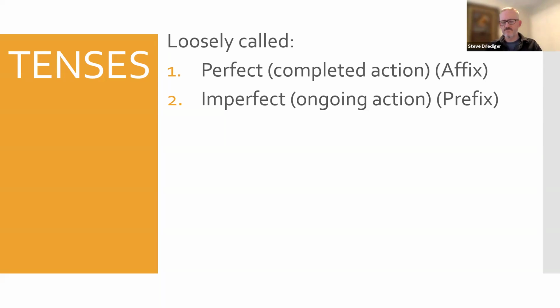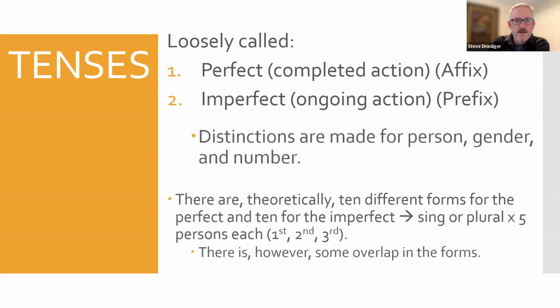The perfect tense, and we'll get to the chart and take a look at this, is identified by an affix. There are a letter or two added to the end of the root to indicate person and number and gender. If you look at the imperfect tense, there's always a prefix on that verb as well. So that's just what's meant there by affix and prefix.